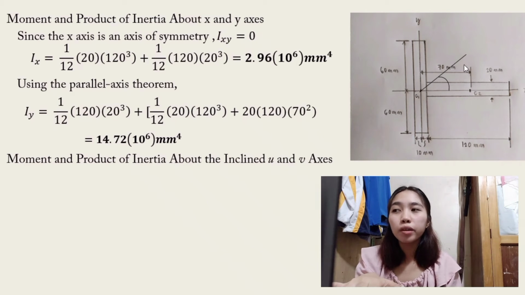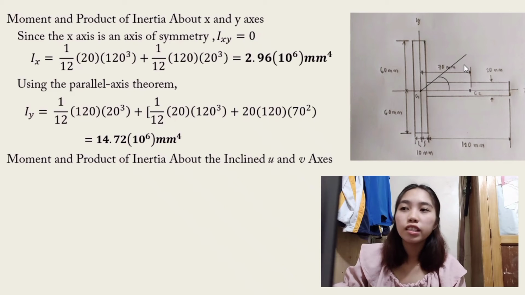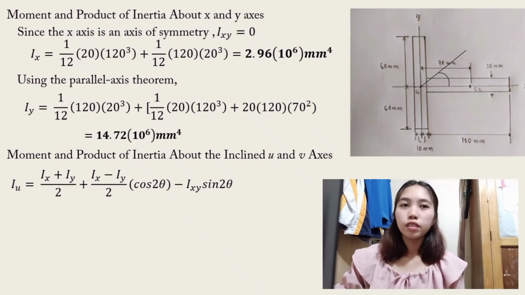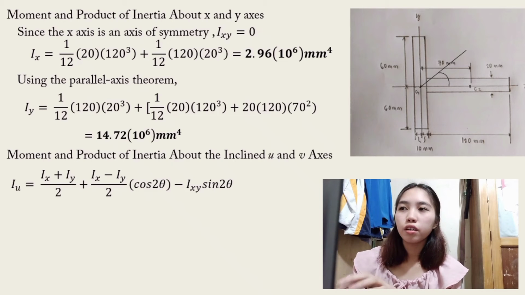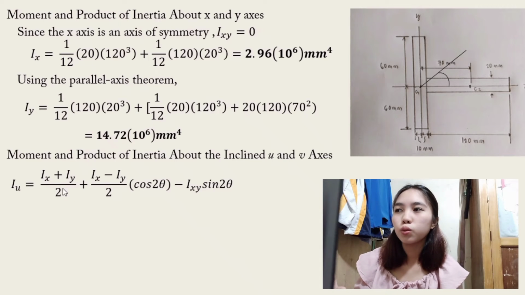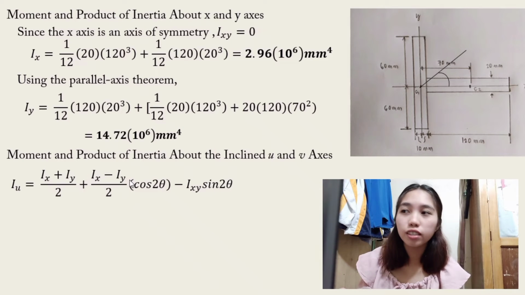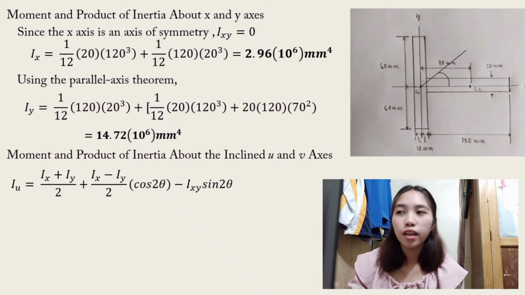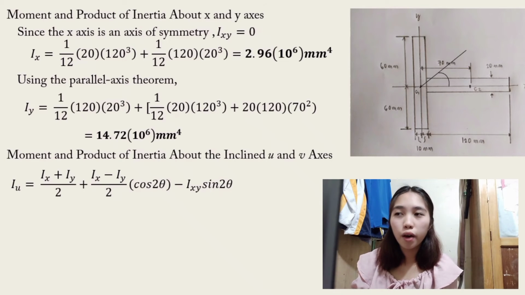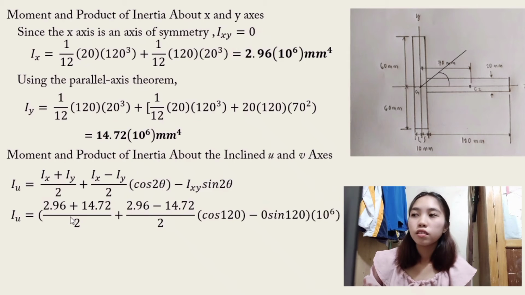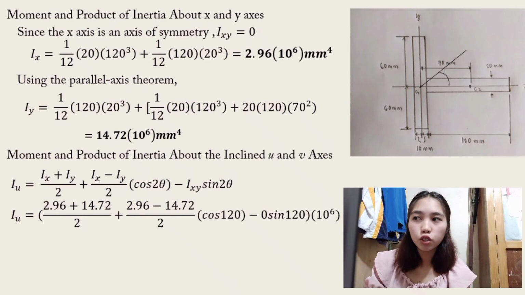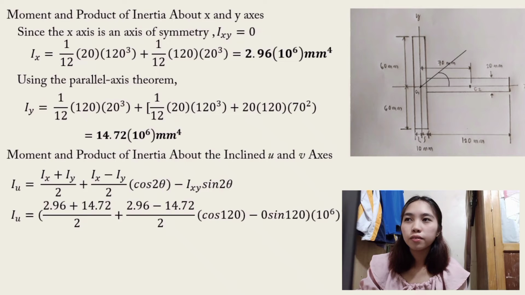Next, we get the moment and product of inertia about the inclined u and v axis, where theta is 60 degrees. The formula for the moment of inertia about the inclined axis is I of u equal to I of x plus I of y over 2, plus I of x minus I of y over 2 times cosine 2 theta, minus I of xy sine 2 theta. So we just substitute the calculated data we have.